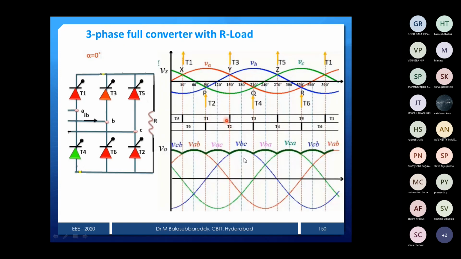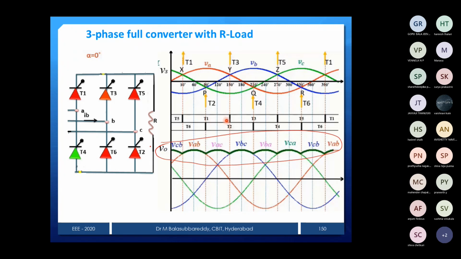Whatever I drew here, this portion you can draw separately, as I showed in the next slide. You can draw this separate portion directly in the exam also, if they don't ask for line to line voltage, firing pulse representation, all these things. If they ask to draw the output voltage waveform for alpha equal to 30 degrees, then draw the supply and then make it a 30 degree waveform shape.